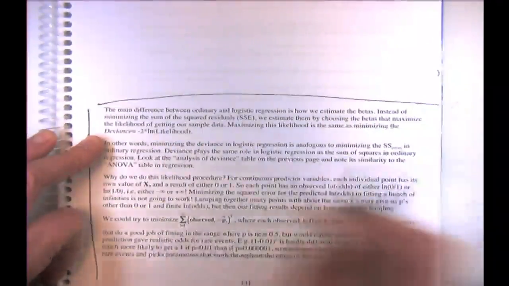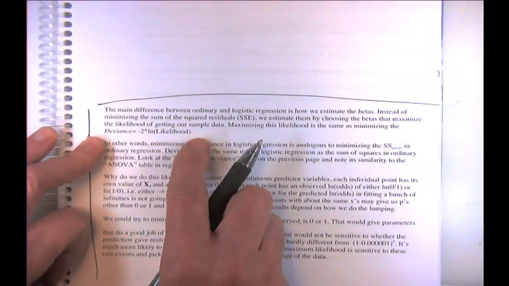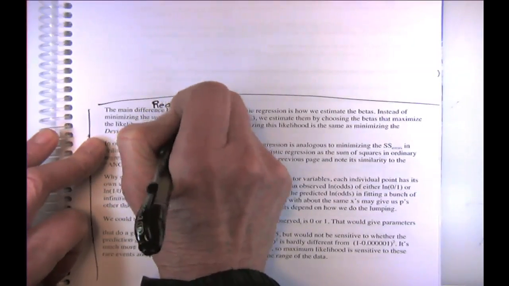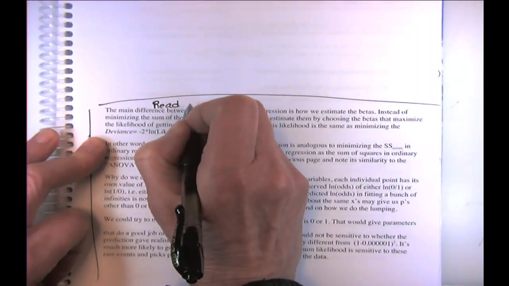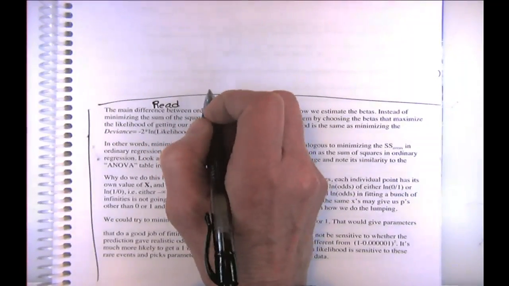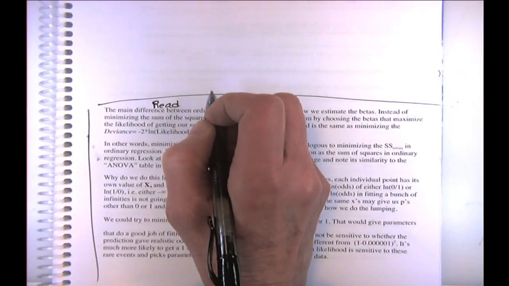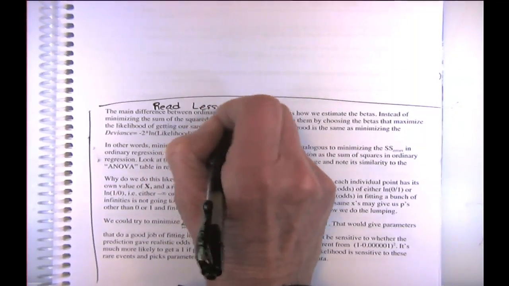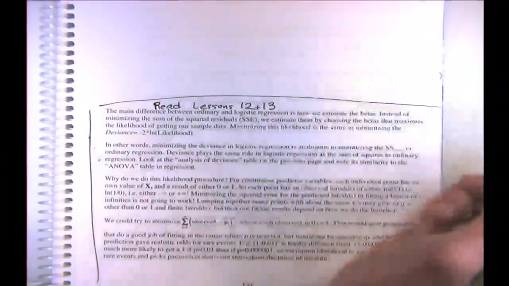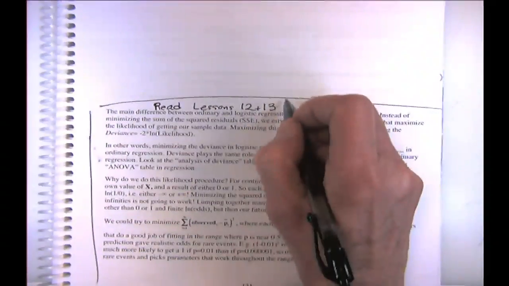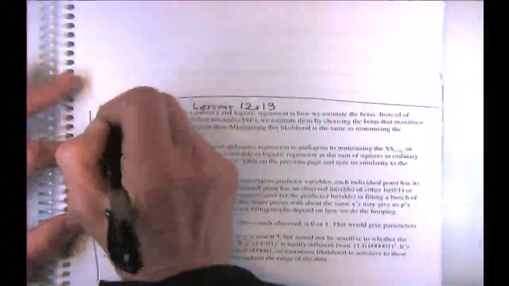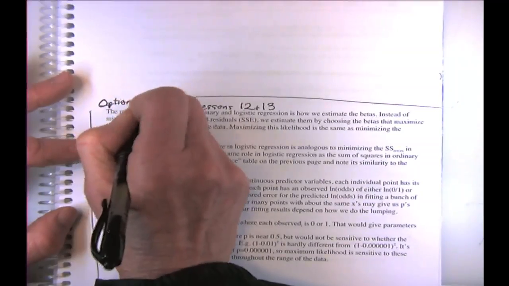Now, if you want to look at the mathematics of this, and it's really not hard, I suggest that you read lessons 12 and 13 on our course website. This is totally optional if you want to know more about it.